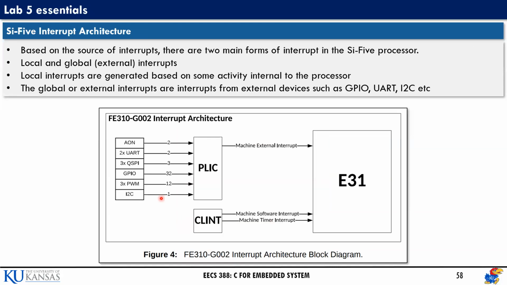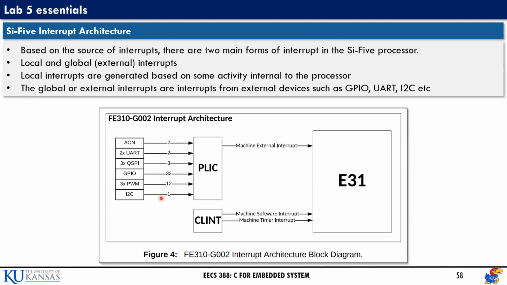In SiFive, we have some hardware architecture for working with interrupts. Based on the source of the interrupts, there are two main forms of interrupts in the SiFive processor, and we call them local and global interrupts.